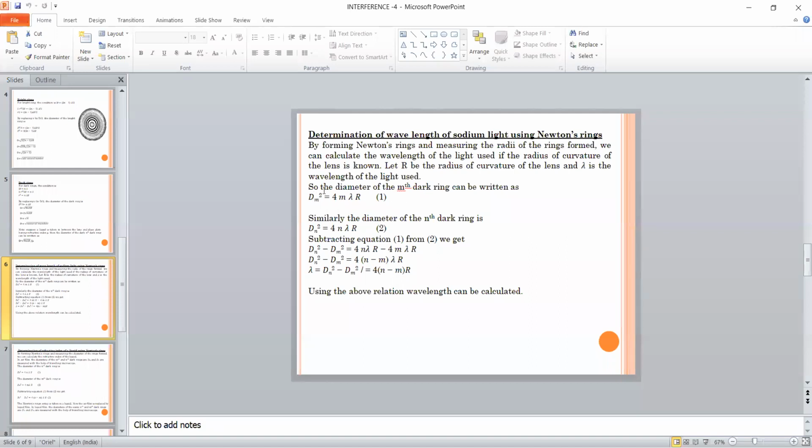But here we start with the diameter of the mth dark ring. That's why we replace the n value by m. So the diameter of the mth dark ring expression is D square m is equal to 4m lambda r.